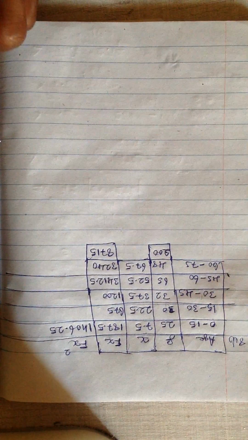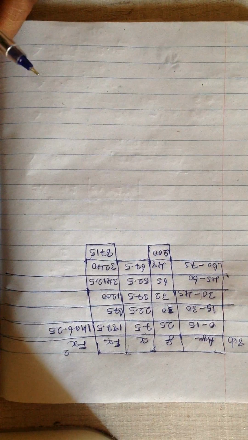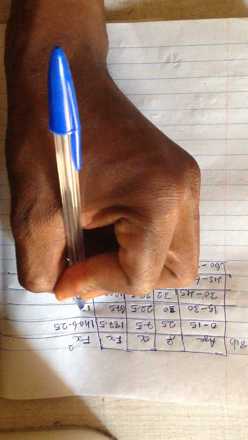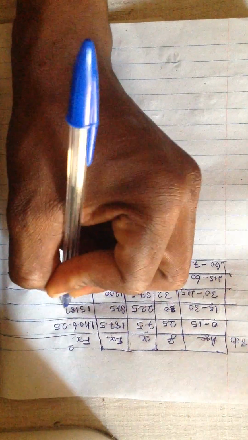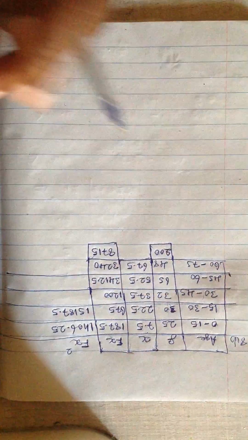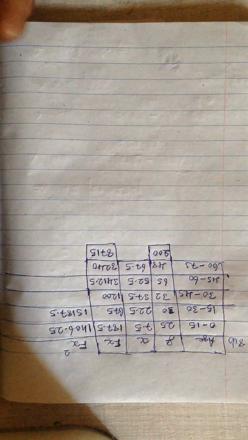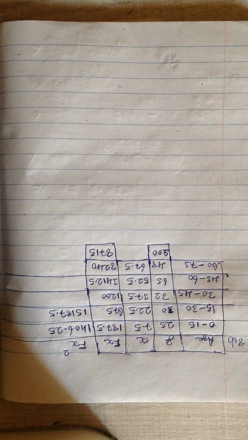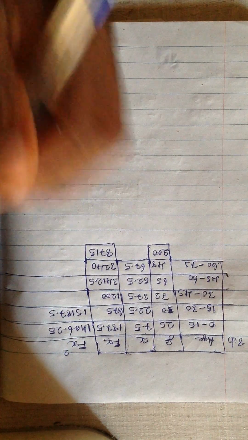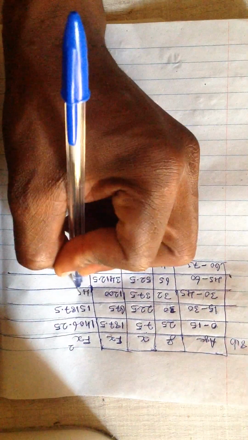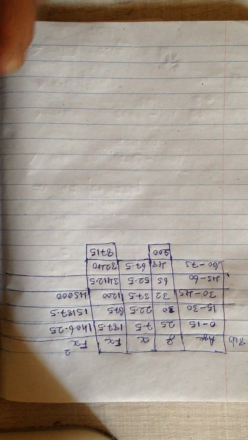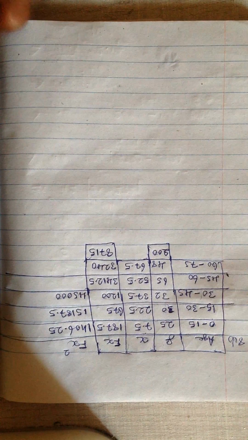These are the figures here. What is 22.5 squared, I multiply by 30? I'm getting 15187.5. What is 37.5 squared by 32? I'm getting 45,000. What is 52.5 squared, I multiply by 65?